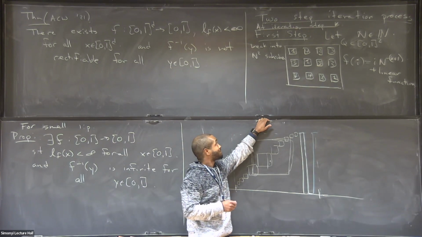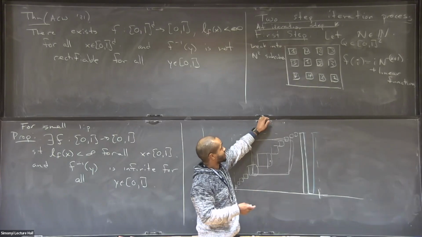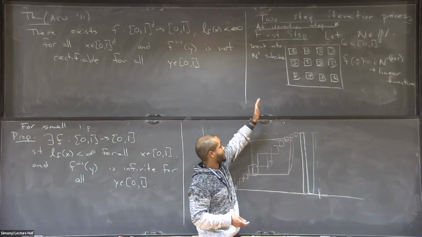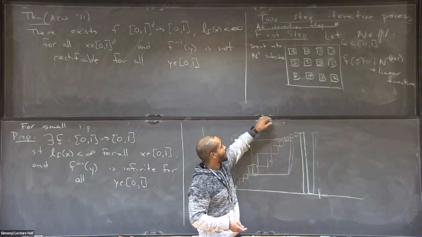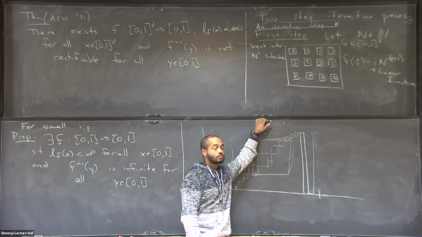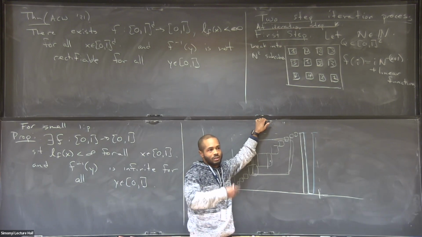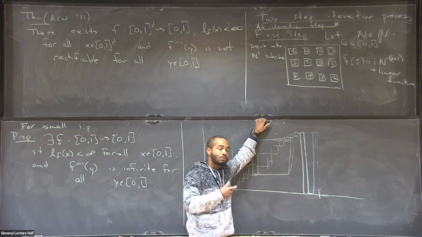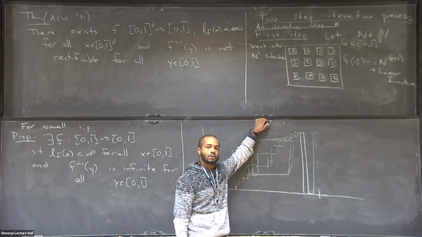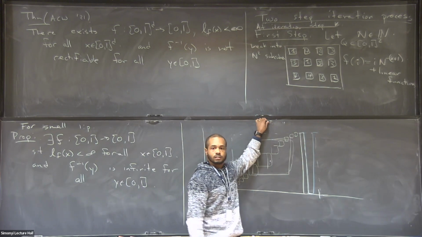One way you can do this is, if you had 16, you would put one box in each row such that they don't share the same column. This is one way to ensure that you'll have something purely rectifiable if you do an iteration process. And this is the way you construct the purely rectifiable part in your level sets.